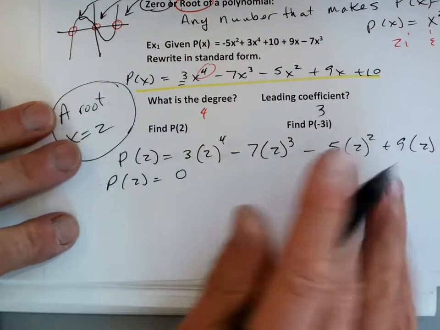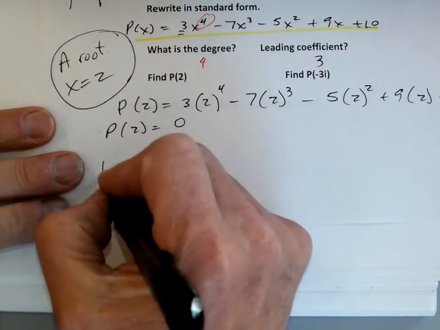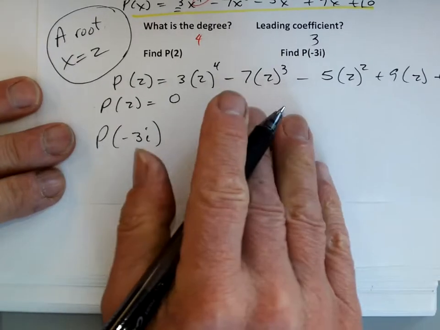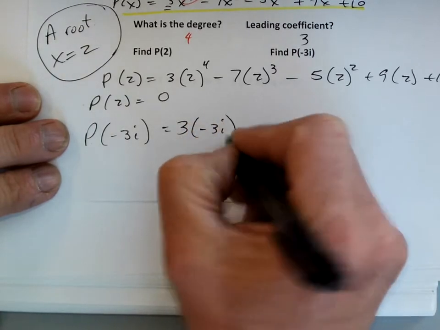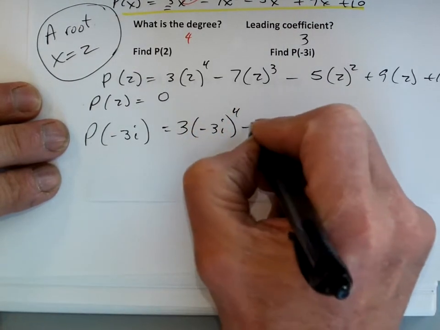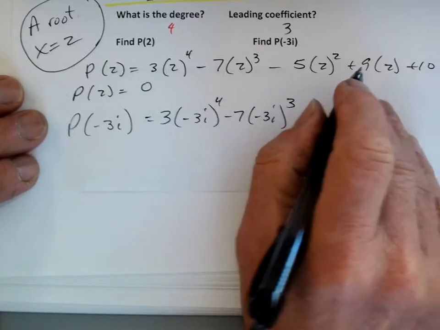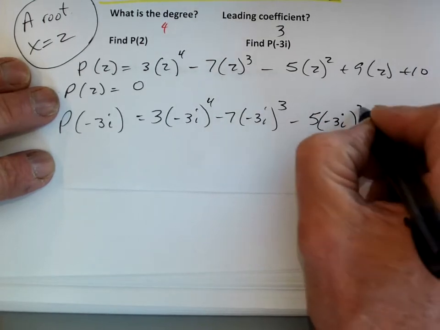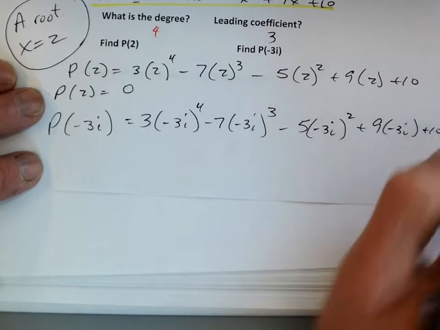So how about P of negative 3i? If you want to grab a fancy calculator real quickly, grab one of my fancy calculators. You're going to appreciate that. P of negative 3i is going to be 3 times negative 3i to the 4th, minus 7 times negative 3i cubed, minus 5 times negative 3i squared, plus 9 times negative 3i, plus 10, right?